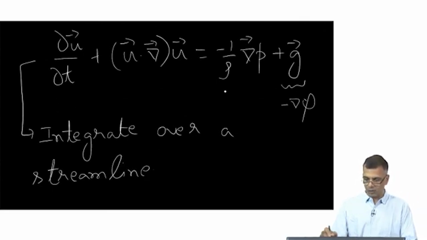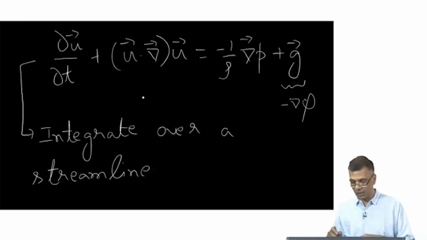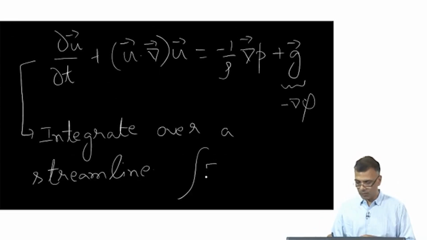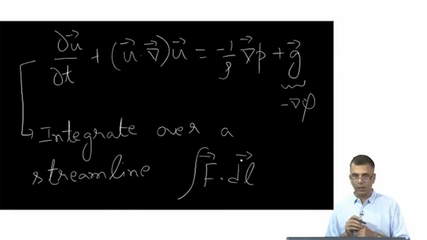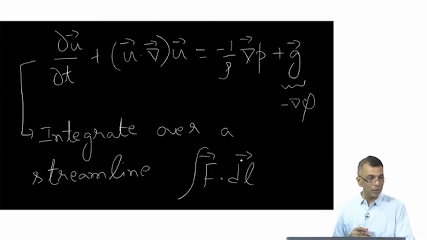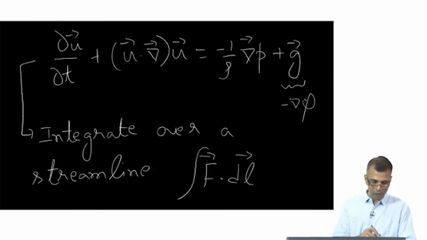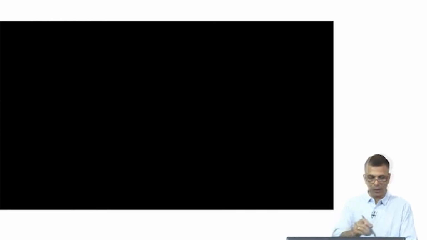Mind you, this is ma and that's F. But what you're really doing is integrating force over distance, and what do you get when you integrate force over distance? You get work, energy, one of these things, right? So that's exactly what you get. You get a quantity that's energy per gram, okay? And it turns out that the result of this integration is this quantity.